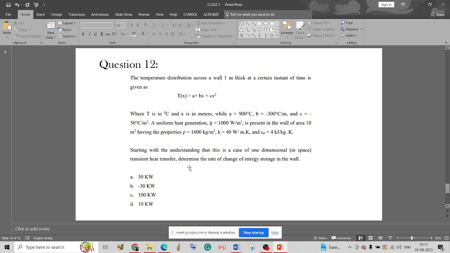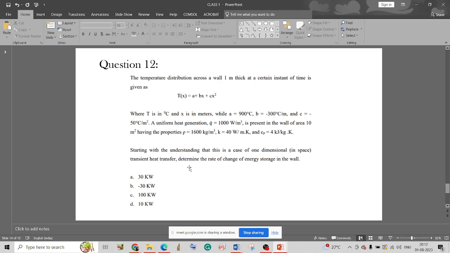So starting with the understanding that this is a case of one dimensional in space, transient heat transfer, determine the rate of change of energy storage in the wall.